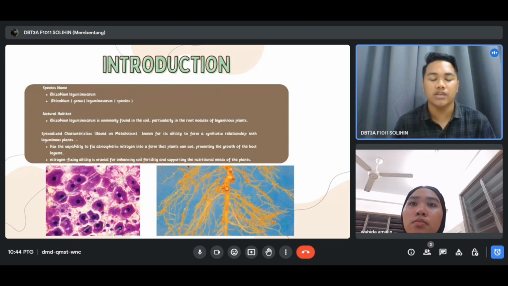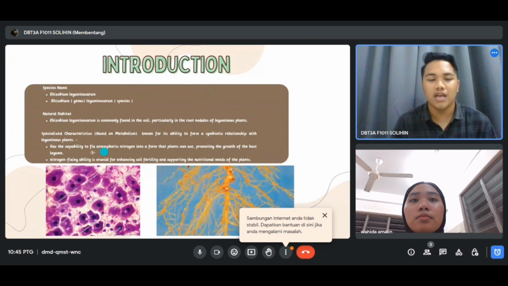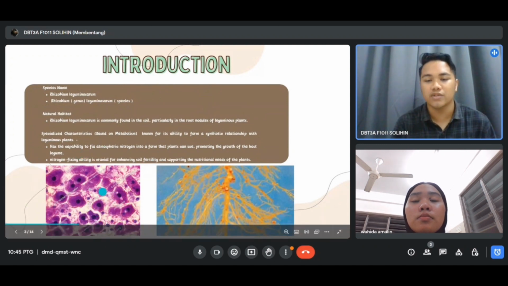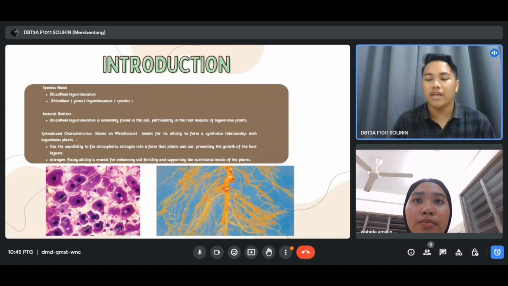Nitrogen fixing ability is crucial for enhancing soil fertility and supporting the nutritional needs of the plant. As we can see, this is Rhizobium under a microscope, and also Rhizobium in the soil.